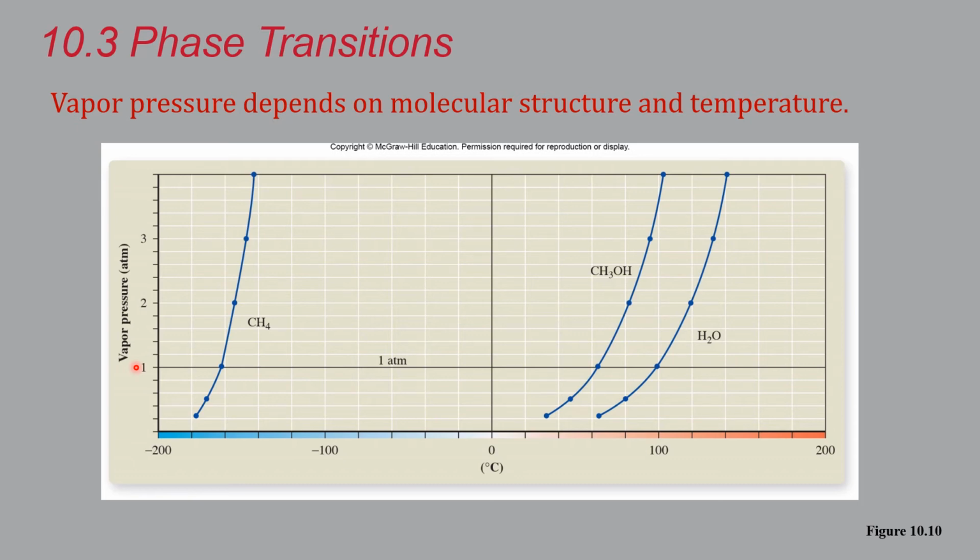One of them is the temperature at which the vapor pressure of these various compounds will be at 1 atmosphere. How much energy does it take to get 1 atmosphere's worth of molecules into the gas phase? So think about that, and then tell me which one of these you think has the weakest intermolecular forces and which has the strongest intermolecular forces.